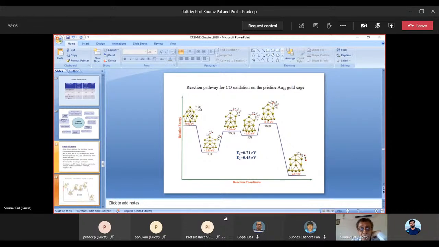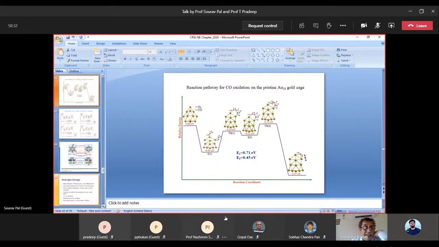This has all been done by relativistic DFT because it's gold, so we have taken relativistic effects. If you look at this, I go through an intermediate, go through a transition state, another intermediate, another transition state, and finally the product. So the barriers eventually become 0.71 eV and 0.45 eV. These are the two barriers for getting this product CO2, and the Au18 comes out.